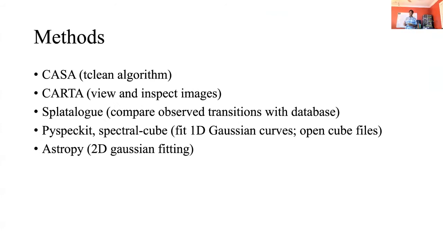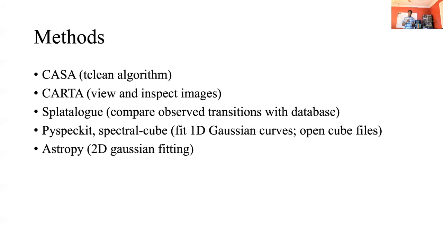So the methods I use for this research project: CASA, which is the Common Astronomy Software Applications. I use CASA to apply the tclean algorithm to the data I get from the VLA telescope, the radio data in the K-band, to get better observations and measurements.